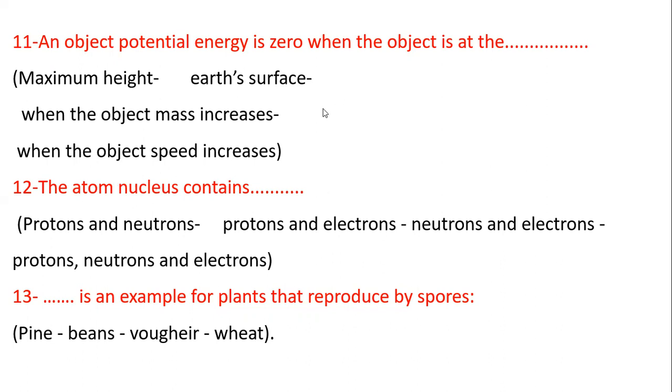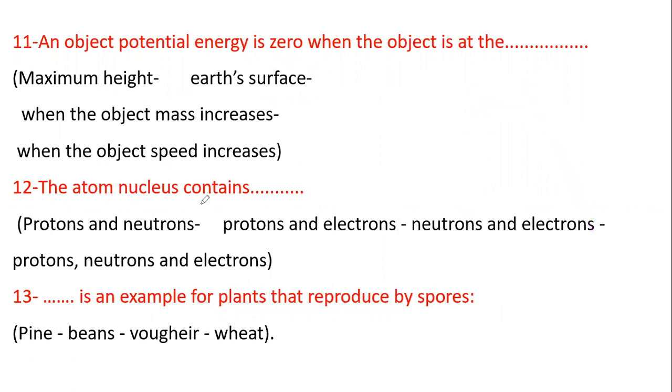So potential energy will be zero when the object is on Earth's surface. Why? Because potential energy is related to the mass and height. When you are at a height, potential energy increases.